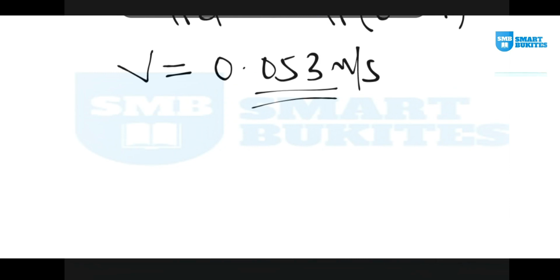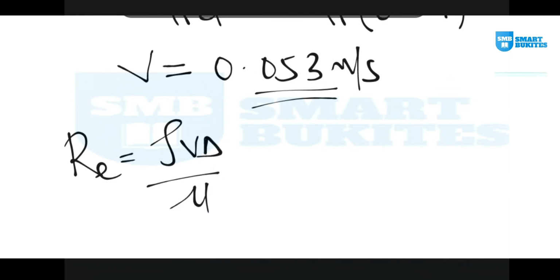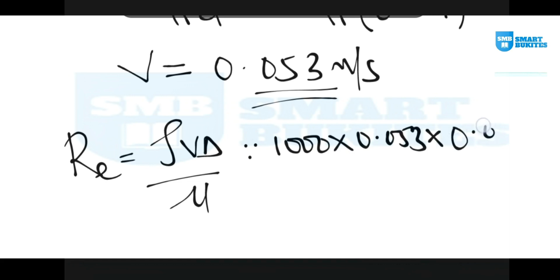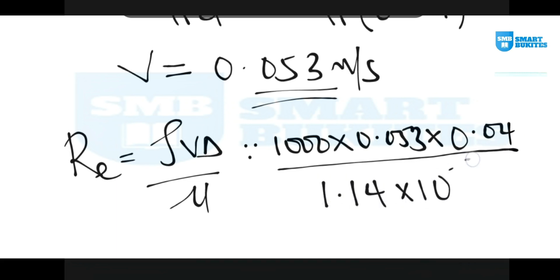So for F, we first have to find the Reynolds number, which we know is equal to rho V D over mu. The density we are given from the question, we found V, we have D, and we also have mu, that's the dynamic viscosity from the question. So now the Reynolds number will be 1000 kilogram per meter cube times the velocity 0.053 times the diameter of the pipe, that's 0.04, all over the dynamic viscosity we are given as 1.14 times 10 to the power of negative 3.